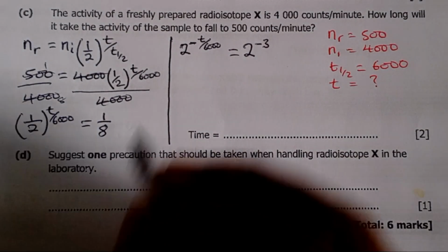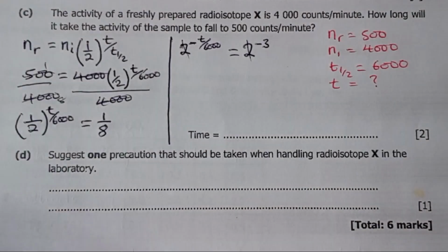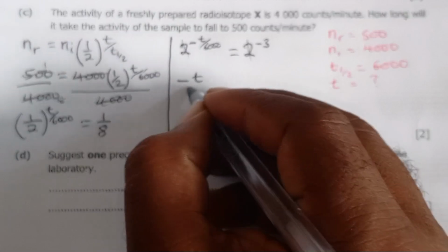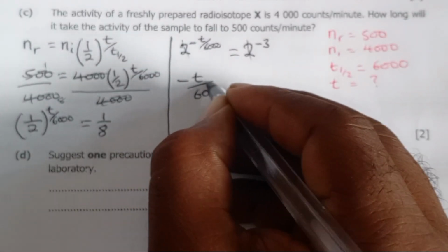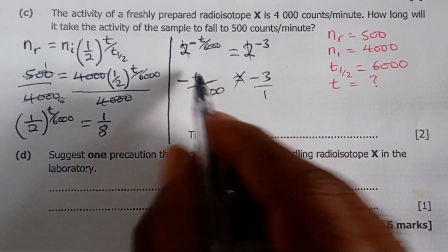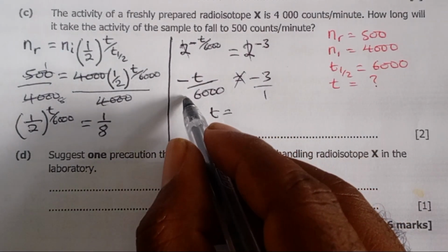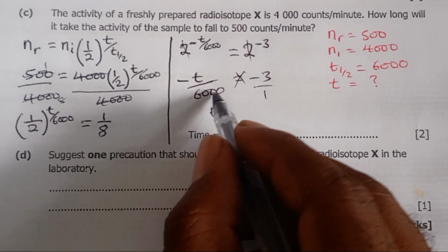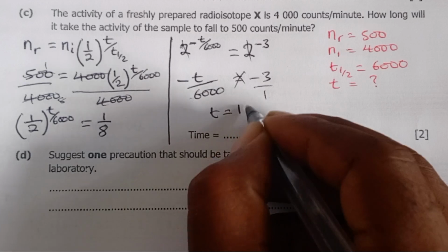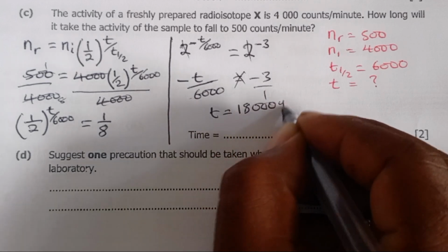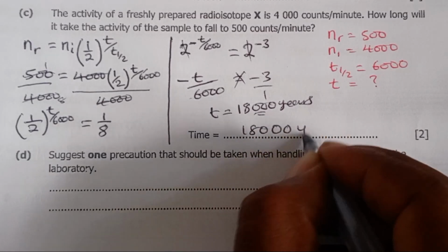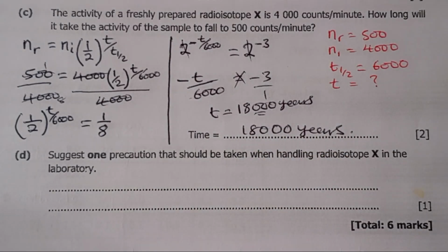From there, I'll cancel the same bases and I remain with negative t over 6,000 is equal to negative 3. So we cross multiply: 1 times t is t, and negative 6,000 times negative 3, I'm going to have 18,000 years. So that is the time taken.